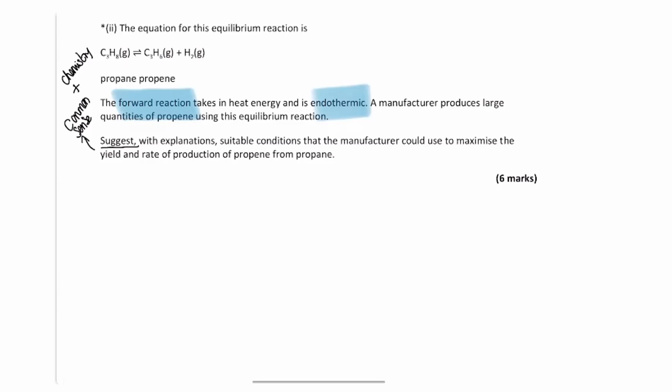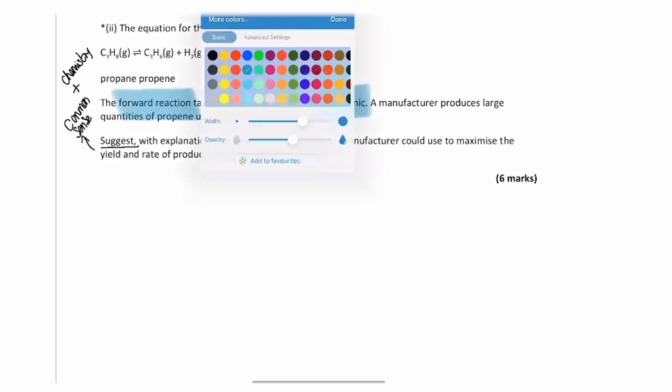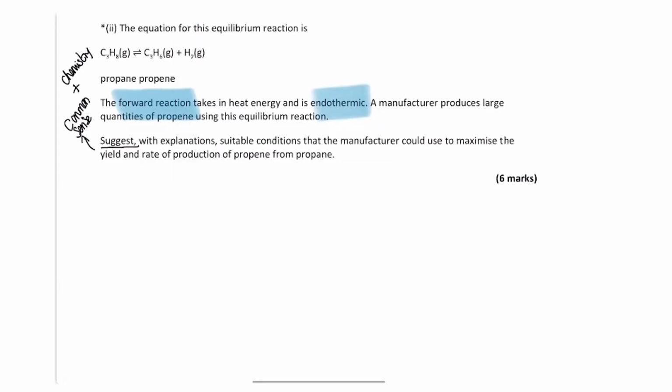And there are two things in here. Two things that we need to talk about in the question. And when it's a long question like this and they put two things in there, lots of students will do one and then forget about the other one.